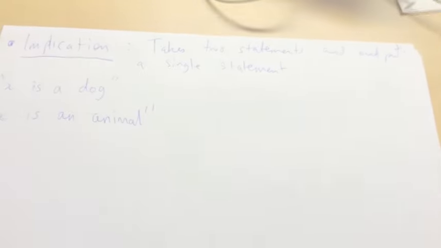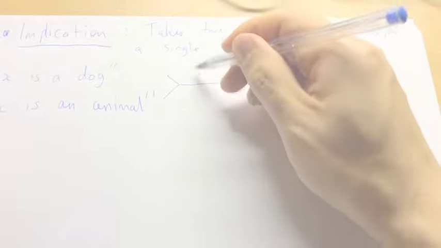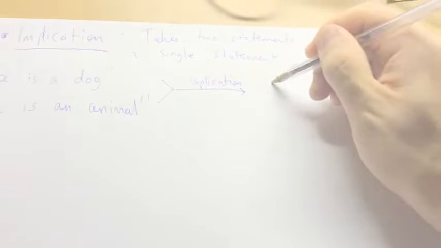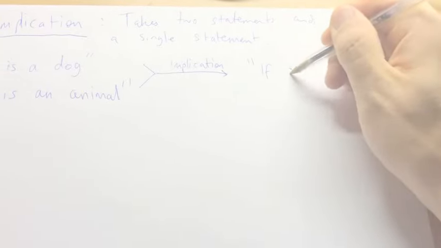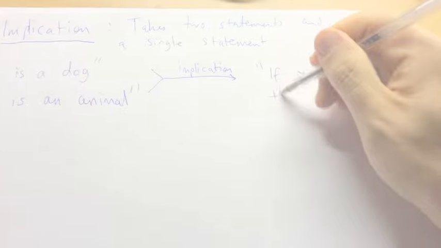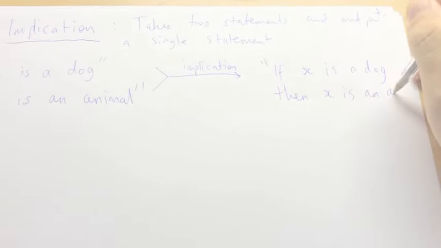So X is a dog and X is an animal. Take these kinds of statements, and when you put them together under implication, the kind of statement you get is: if X is a dog, then X is an animal.